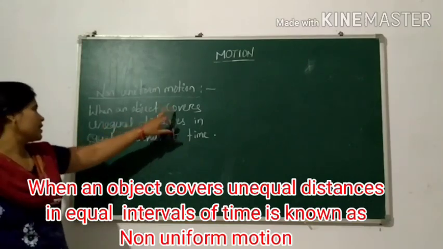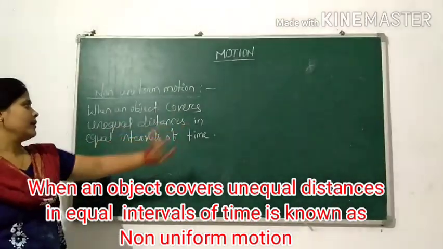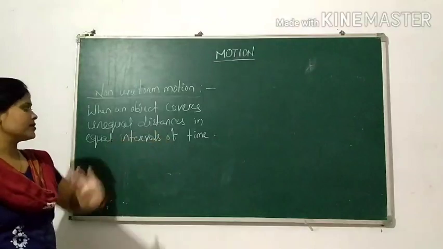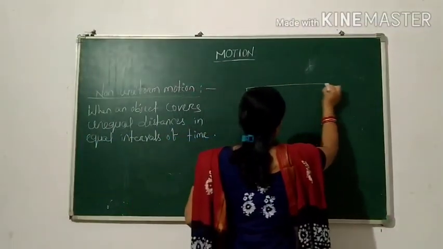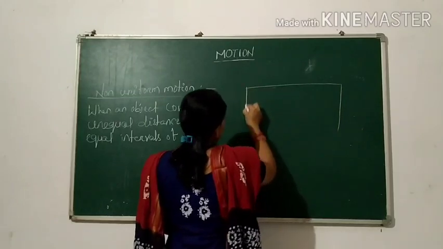When an object covers unequal distances in equal intervals of time. Again, let us take one table.